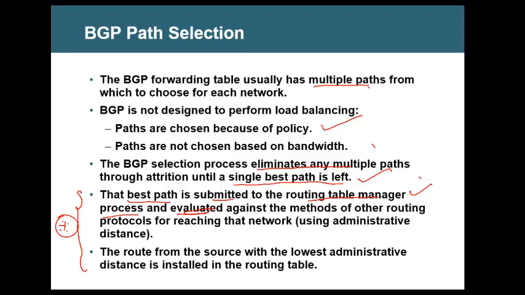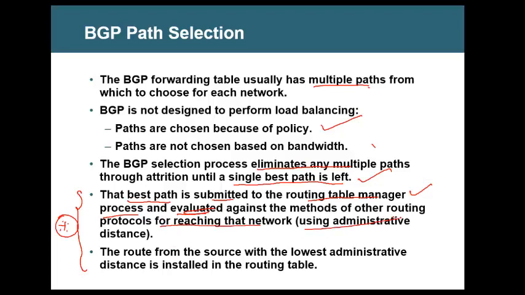Sometimes we will be running multiple routing protocols on the same router, and all the protocols may give a path for the destination. So now the routing table manager needs to evaluate the method of routing protocol for reaching the network.